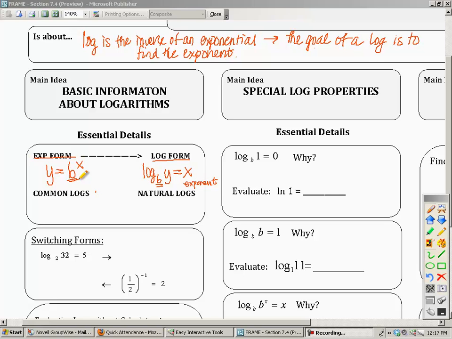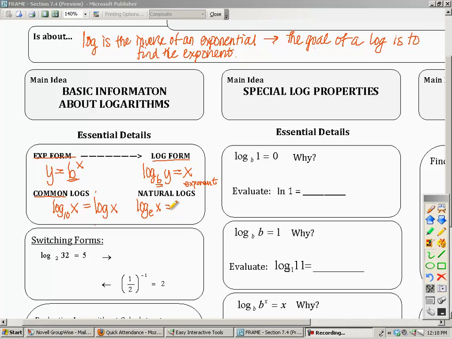There are two types of logs. A common log is log base 10. In your calculator, it just looks like the log of x. If you don't see a base, then we call it a common log, which means it's base 10. The second one is a natural log, and a natural log is a log base e. This is a notation that we don't really use.